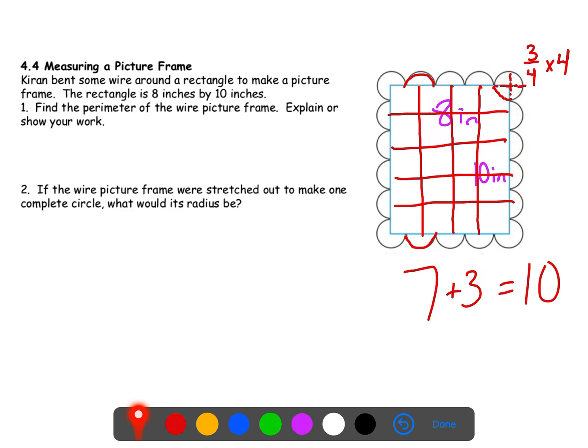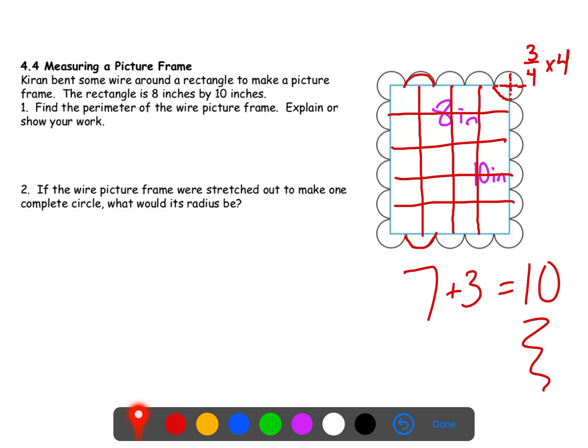Now what I need to know is, if I have 10 complete circles, what is the circumference of that circle? Because that's going to tell me how much wire it would take, or how much distance there is around the edge of that circle. So let's find the circumference.